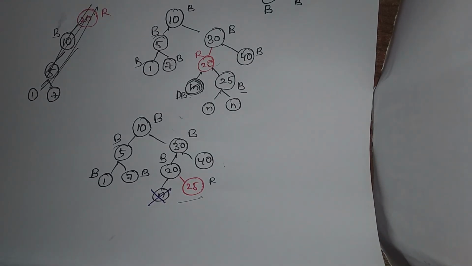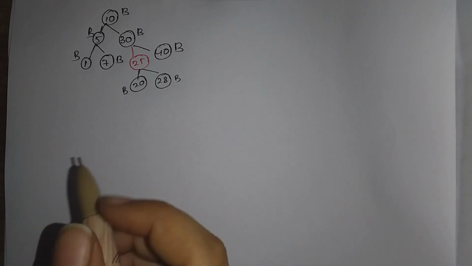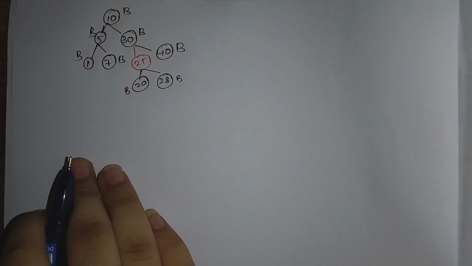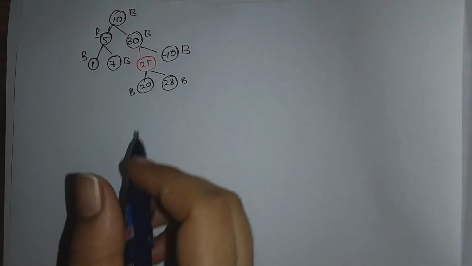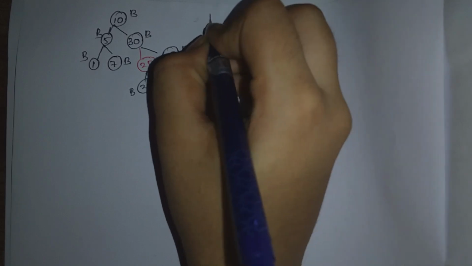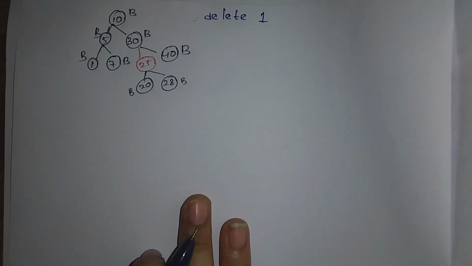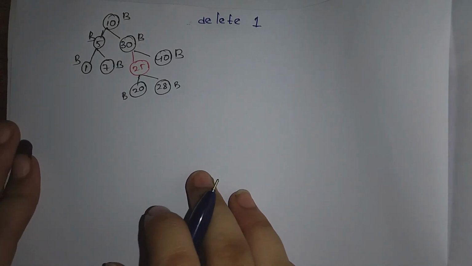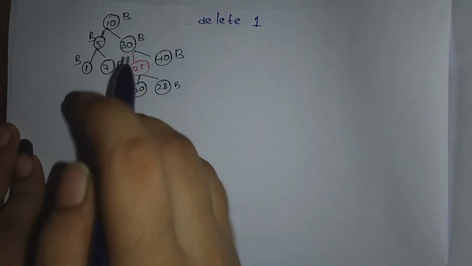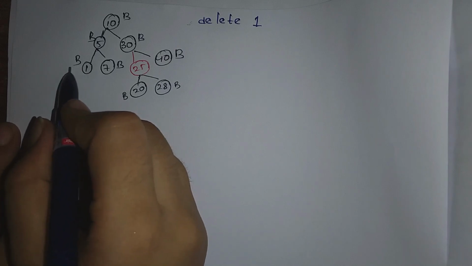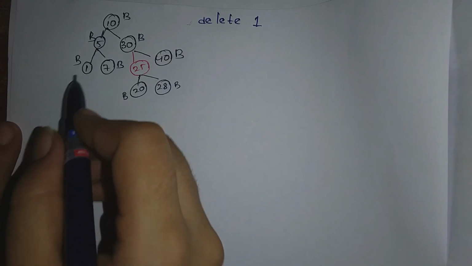Now consider another case. Here, if we delete 1, we need to first check the value of 1 and the color of 1. It is black, so we need to check its children.